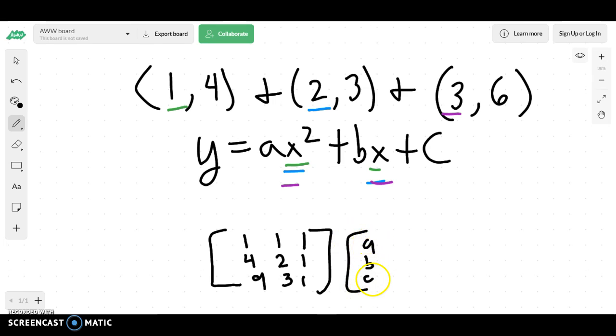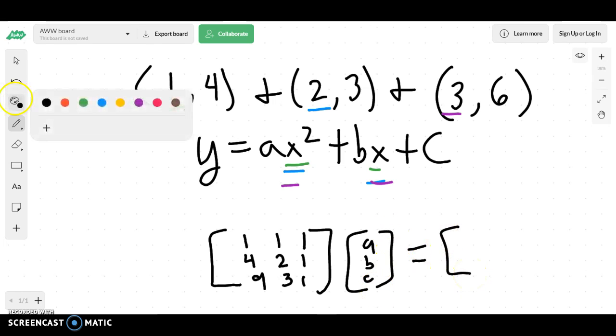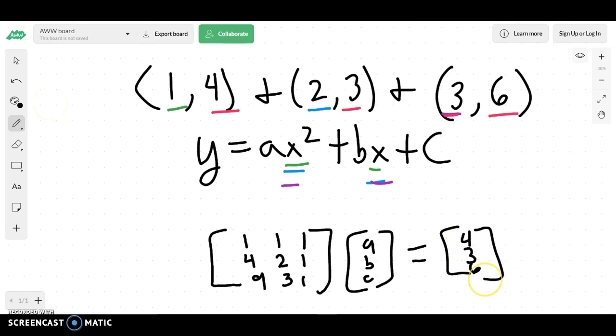With this being the variables we want to find, and that would equal all of our y values, which would be 4, 3, and 6. So we'd say that's going to be 4, 3, and 6.